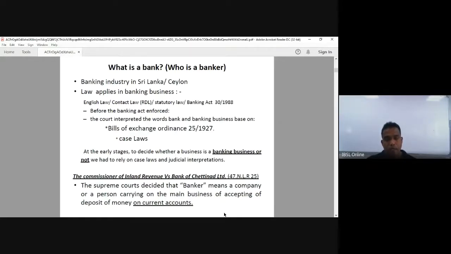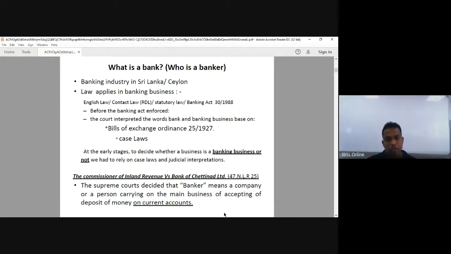Bills of Exchange Ordinance number 25 of 1927. So that is the first statutory act, an important statutory provision or ordinance introduced to the country to govern banking transactions.